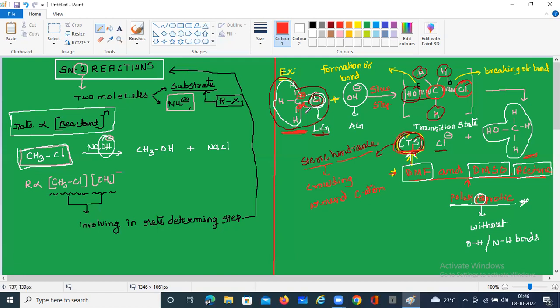Okay? So that means how can we write the reactivity of that substrate here?